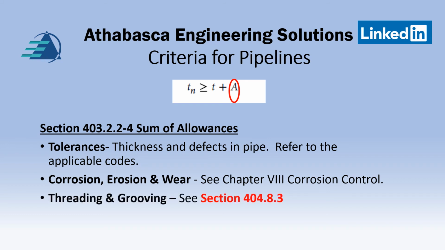The other one is threading and grooving, and I would ask you to check section 4.04 8.3. So you basically add those all up, and then plus the thickness, and then as long as you're less than your nominal thickness, which is your standard pipe size, then you're ready to go.